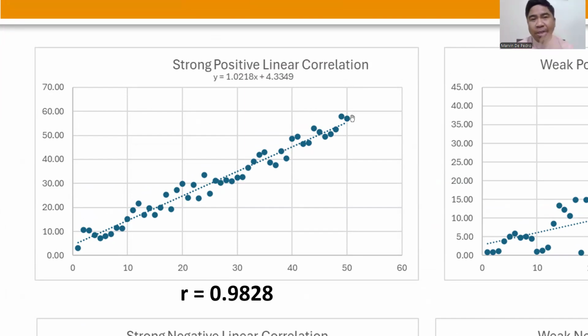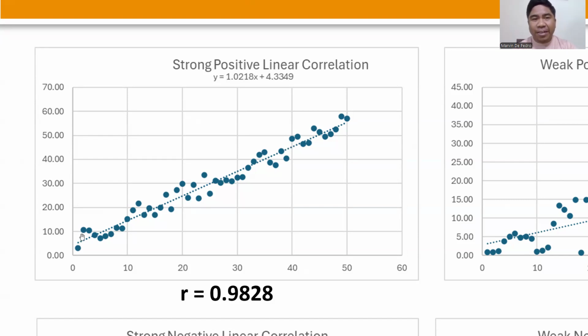So basically, the closer these points are to this trend line, which we also know as the regression line, the more likely we'll have one value of R, okay? One coefficient, right?